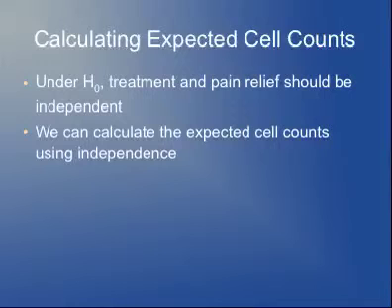Well, under the null hypothesis, whether you got the active drug or the placebo should be independent of whether or not you experience pain relief. So to get these expected cell counts, you can assume that treatment, placebo versus active drug, and pain relief, no pain relief versus pain relief, are independent of one another. So you can calculate these expected cell counts under this assumption of independence.